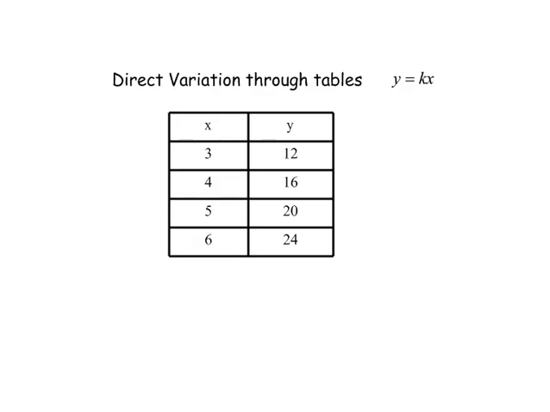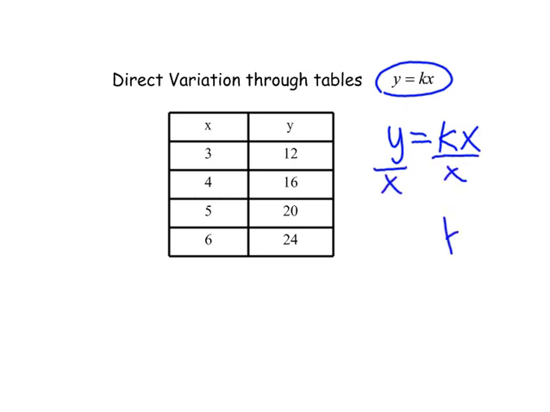If you're trying to determine if information in a table is direct variation, you're going to be trying something different. We know that we still have the formula y equals kx. So that means y is equal to the constant times x. Well, if we try to solve for k, we would divide both sides by x. So k would need to equal y divided by x, and k is constant.